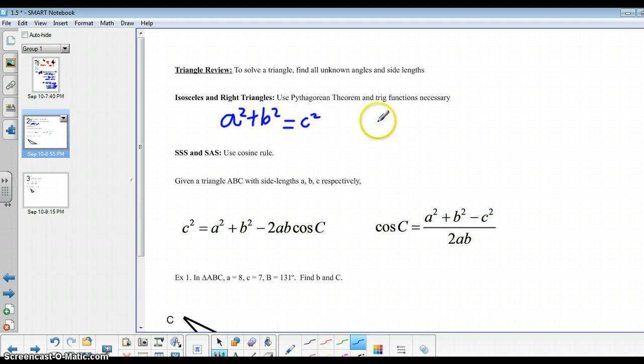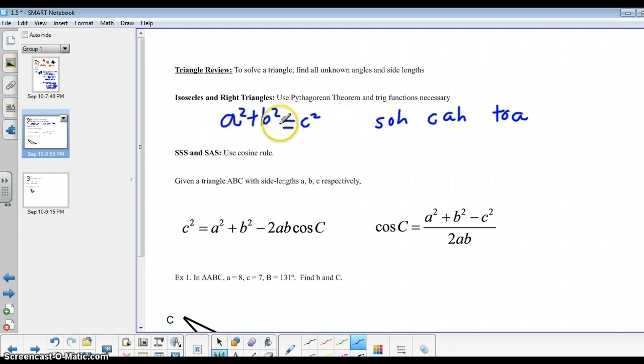Also, you can use your trig functions of SOHCAHTOA when there's a right triangle. Remember that sine is opposite over hypotenuse, cosine is adjacent over hypotenuse, and tangent is opposite over adjacent.